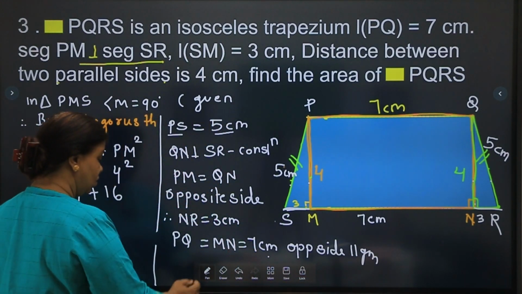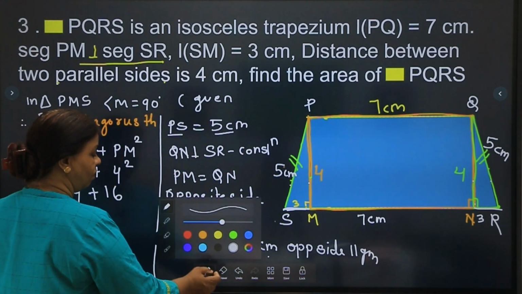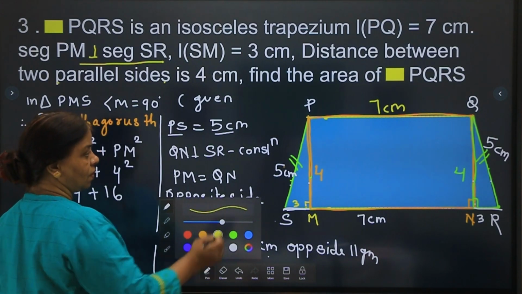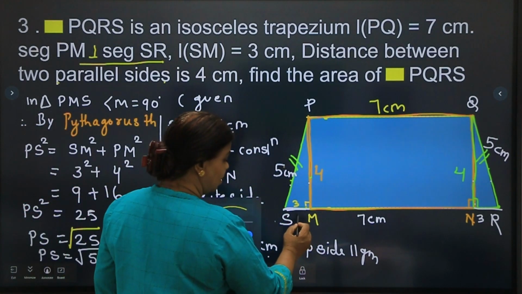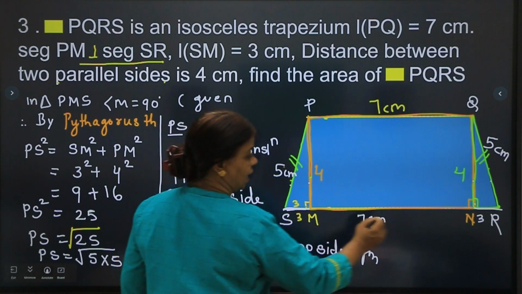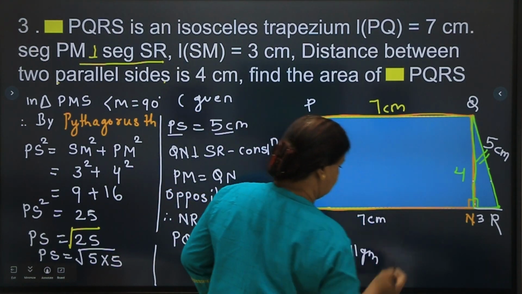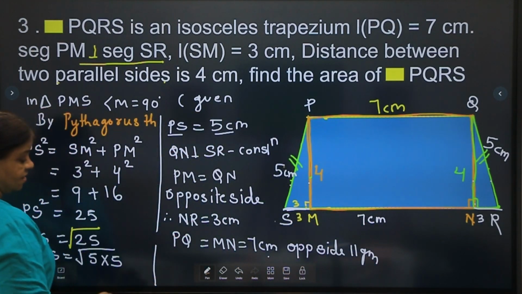So, children, we got SM 3, MN 7, NR 3. So what can I say here?